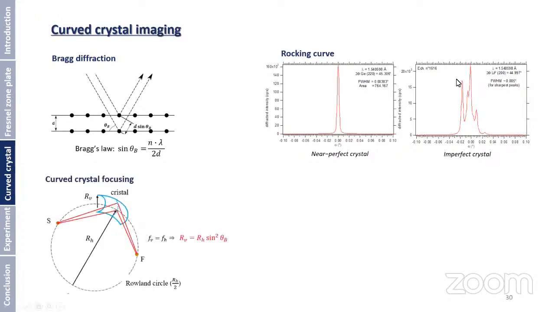Moreover, a double curved crystal can focus X-rays in two directions. In order to eliminate the astigmatism, the horizontal and the vertical curvature of the crystal need to satisfy this equation, which leads to a toroidal crystal. A curved crystal has a focus circle, the Rowland circle, and its radius is equal to half the crystal horizontal curvature.